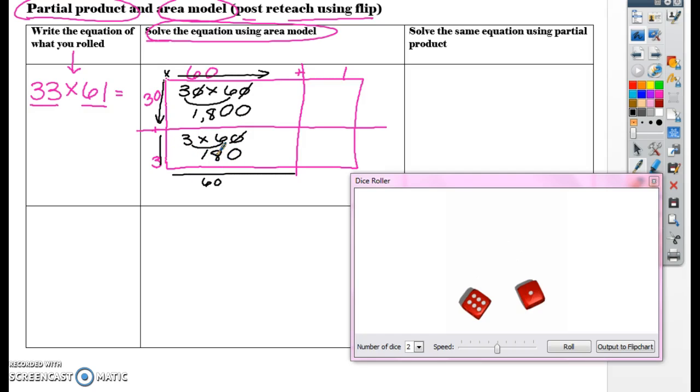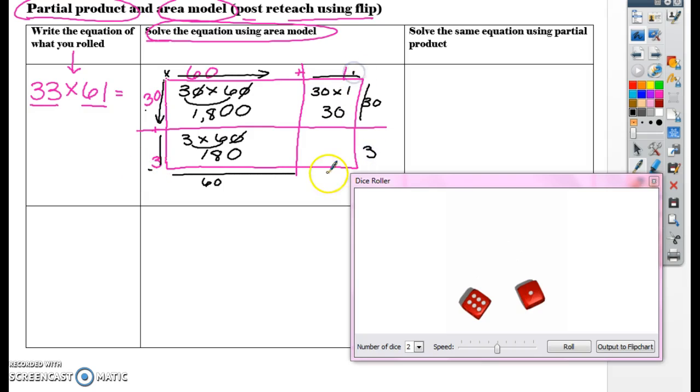Now I'm going to move over here. Now I have 1. If this is 30 over here, this is also 30. So it would be length 30 times width 1. Well, we know that 30 times 1 is 30. Okay, now I'm going to do the last box. If this is 3, this is 3.